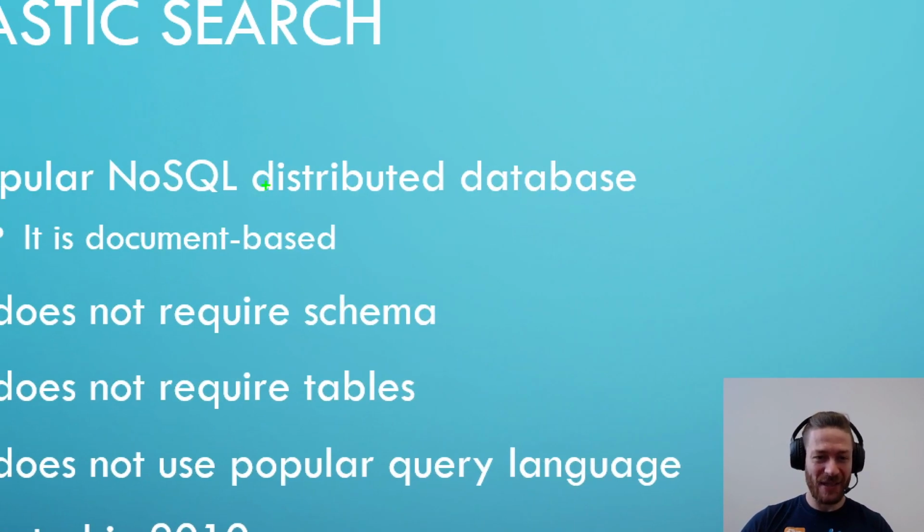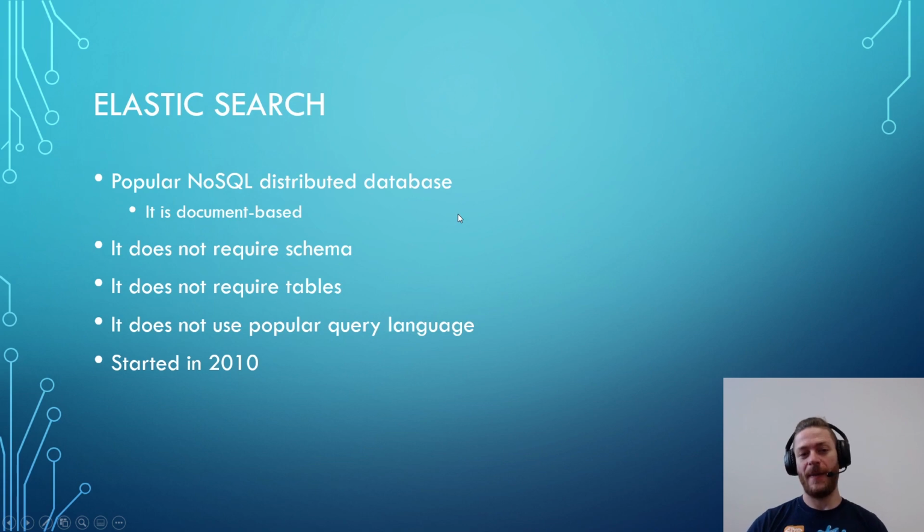What does it mean that it's distributed? This database is distributed because it's very easy for you to say that you want to have the database spread across multiple computers, multiple nodes. It's super easy. And if you decide to add an additional node, Elasticsearch will move the information so that it will be equally distributed between all these computers.